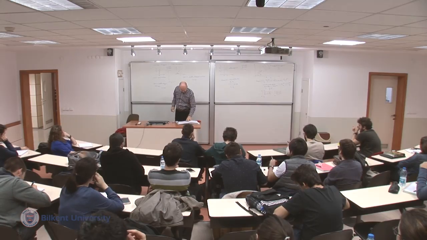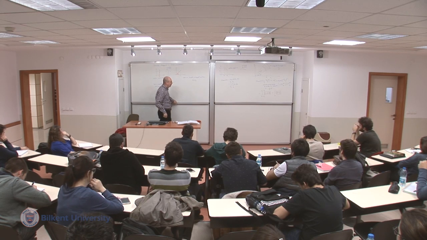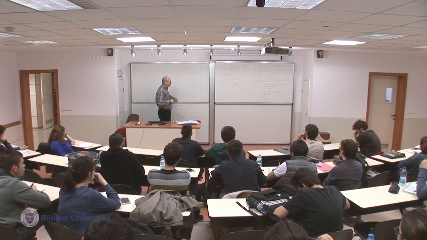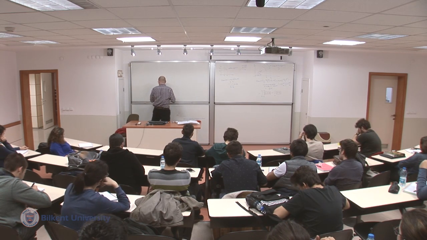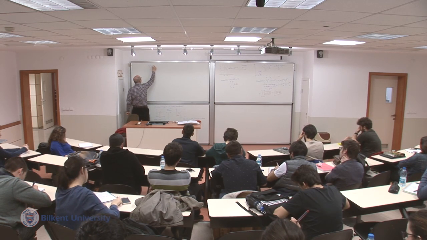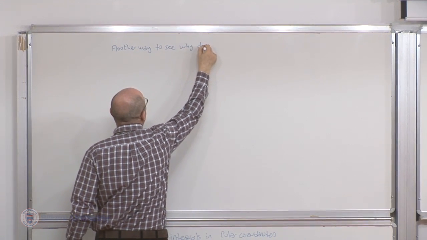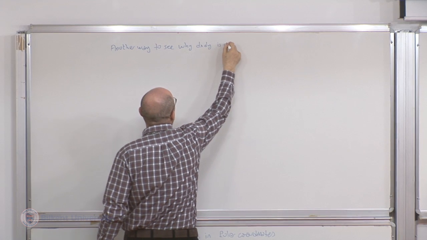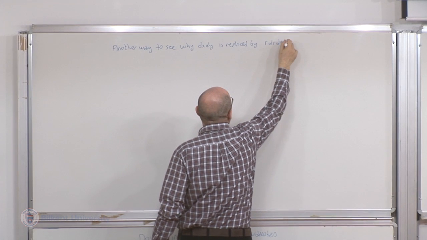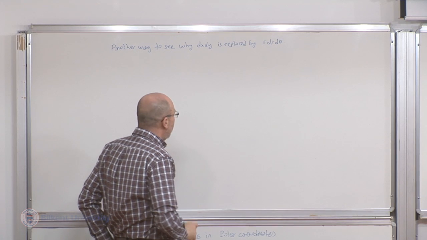Well, there is another way which we convince you about this correction factor. That's using a little bit of cheating. I can derive that r as follows. Another way to see why dx dy is replaced by r dr d theta and not by dr d theta.